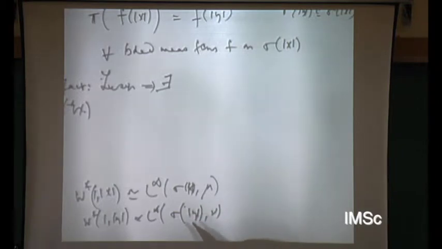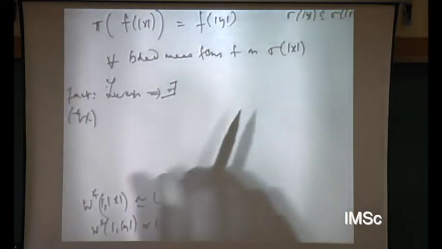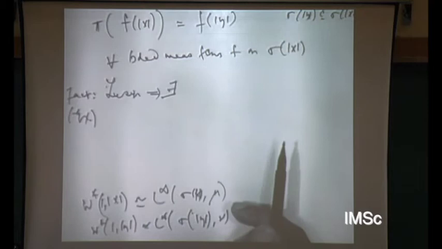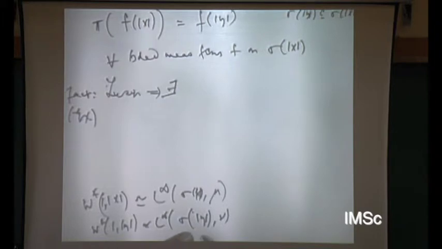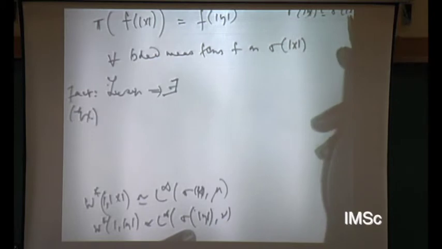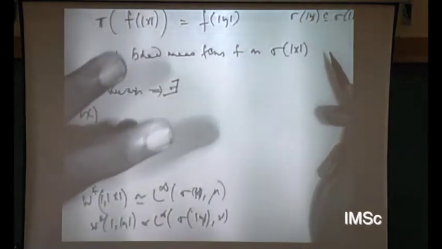But what I want is the following: given any measure, so for example, I will take the measure mu plus nu. Nu is a measure on the smaller set. I can take mu plus nu restricted to the smaller thing.